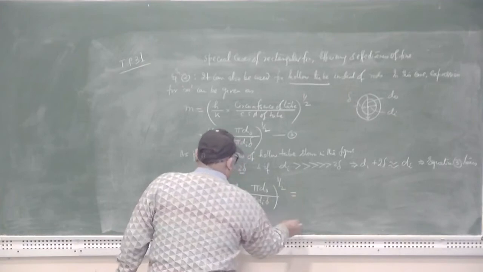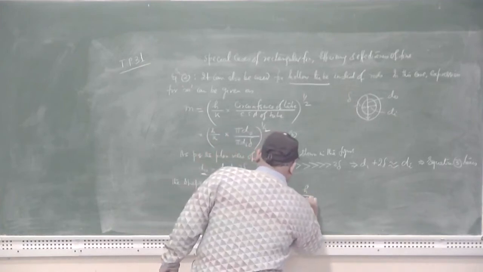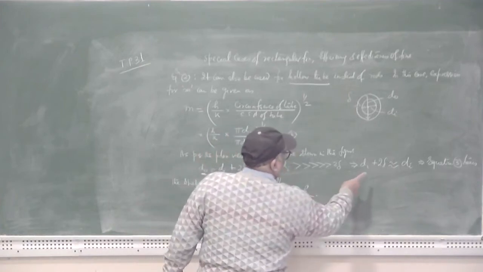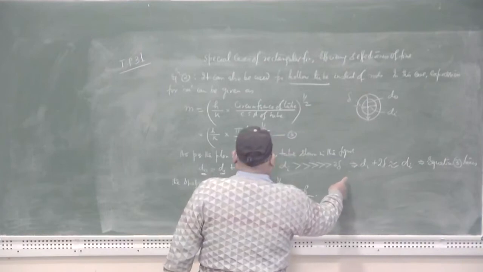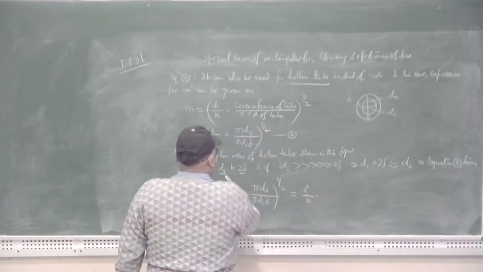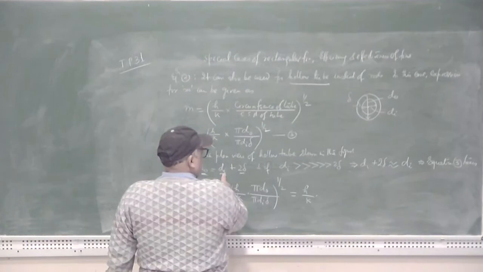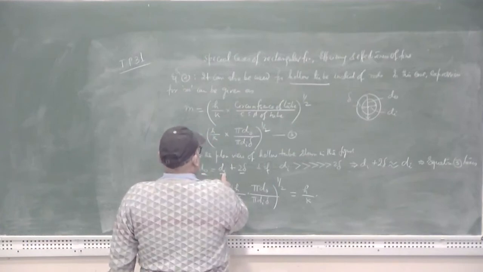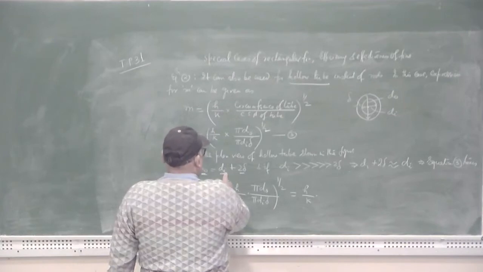That can be written as h upon k into pi d naught, where d naught is approximately equal to d i.